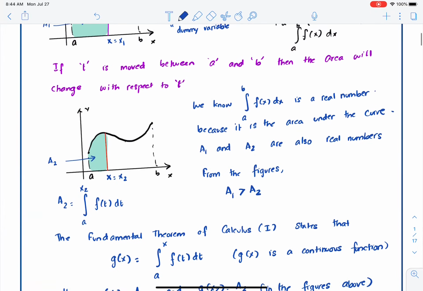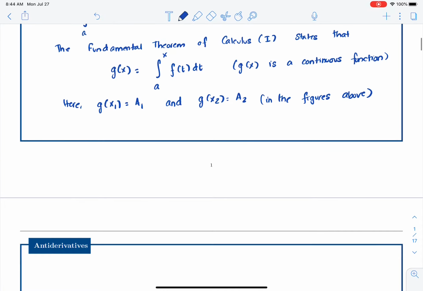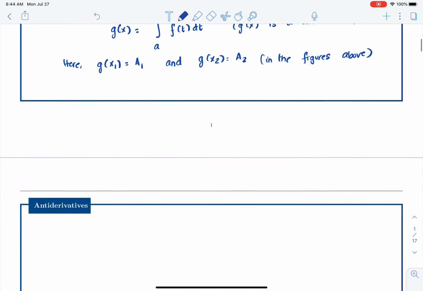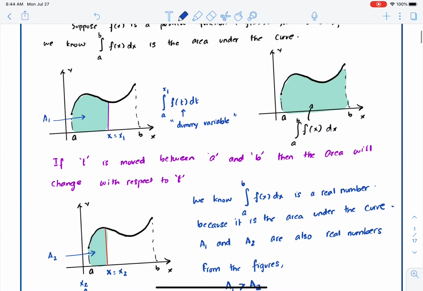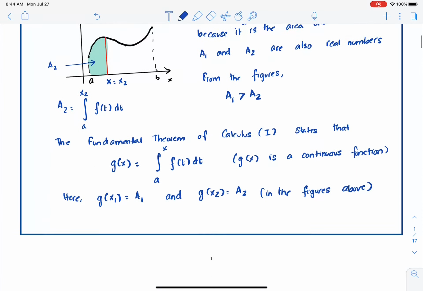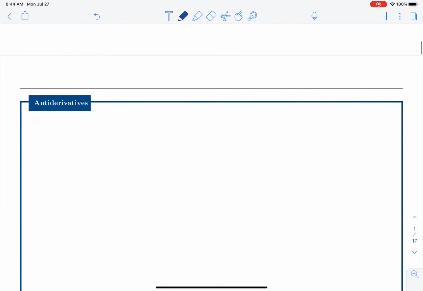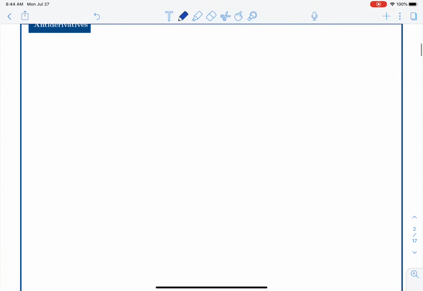So that is the first fundamental theorem of calculus. You could call it FTC 1. Now, there is a close relationship between this area and the derivative, which is one of the reasons we call it the antiderivative. So what is an antiderivative and how can we visualize this?